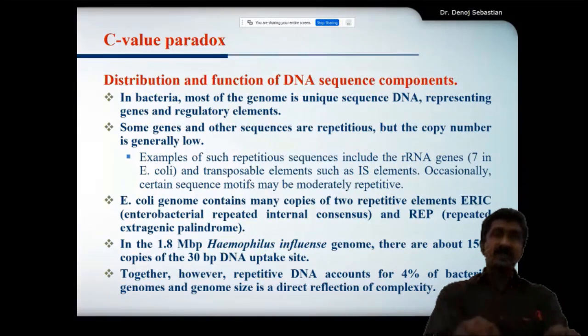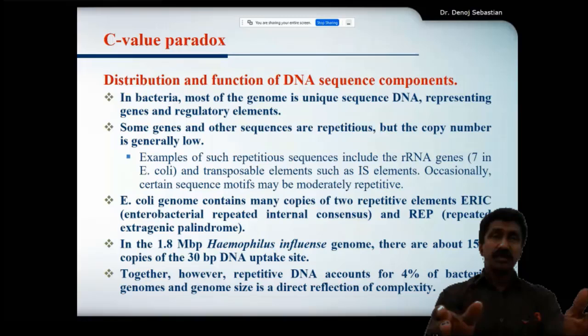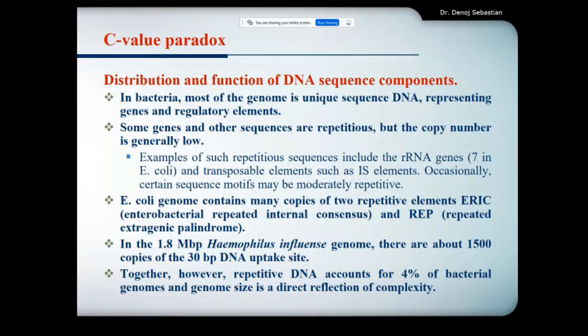Some genes and other sequences are repeated, but the copy number is generally low. If there is some repetition in the bacterial genome, it will be very small. That means the copy number of the repetitions of bacterial genes will be much lower. Examples of such repetitious sequences include the rRNA genes.